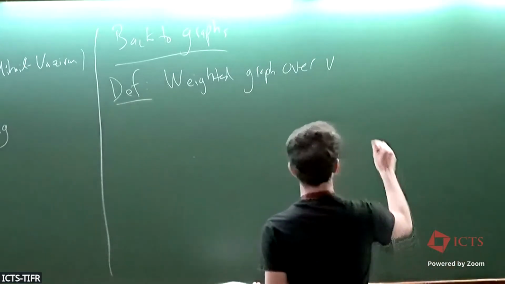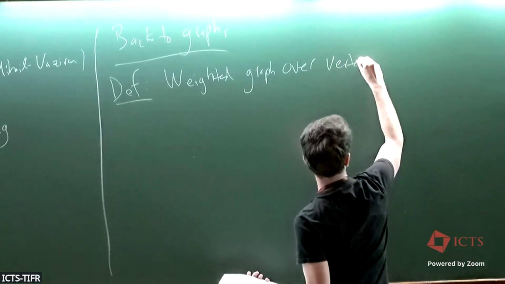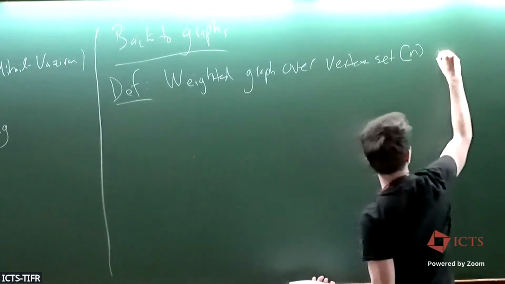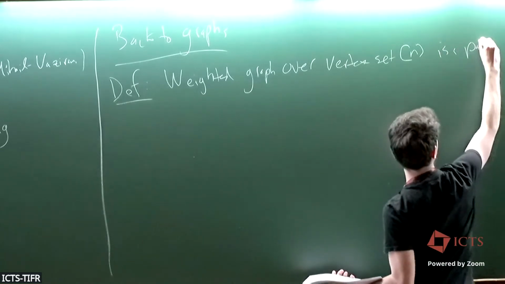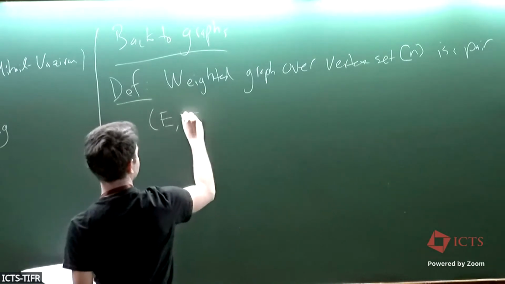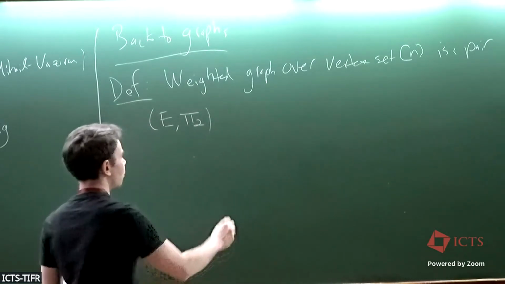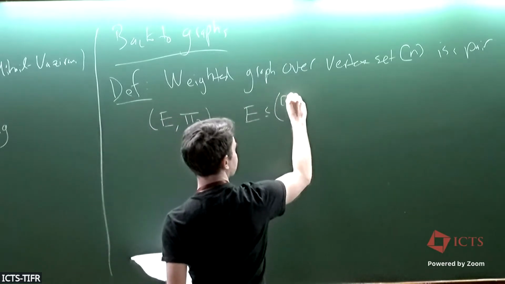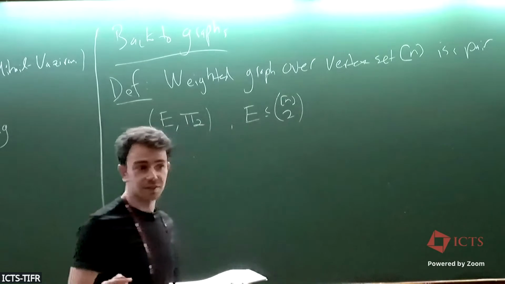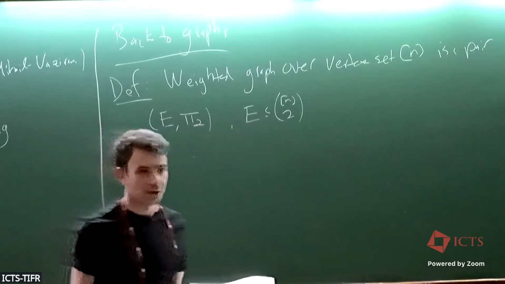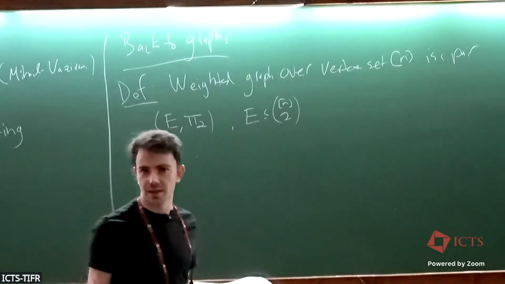So a weighted graph over vertex set [n] is just a pair (E, π₂), where E is what you think it is, right? E is just the edges, a subset of pairs, [n] choose 2. And π₂ is just a distribution over E, right? So it's some positive weights that sum to 1.